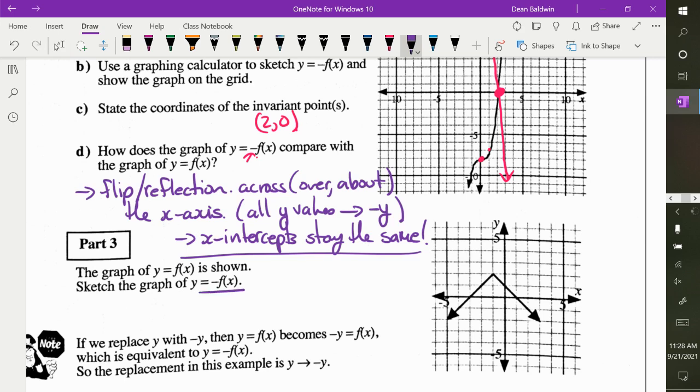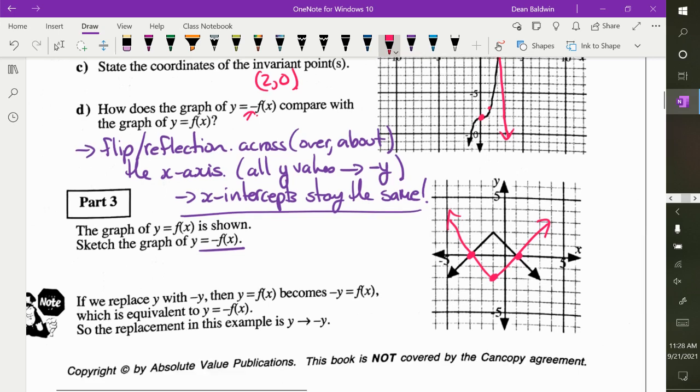So here's my graph. Sketch negative f of x, please. Boom, there's the answer.